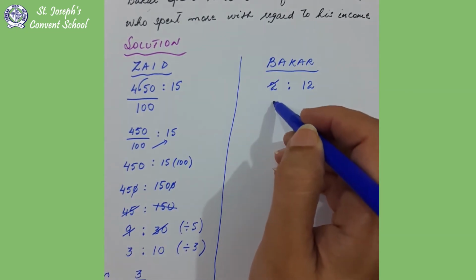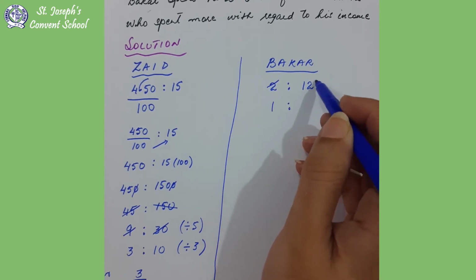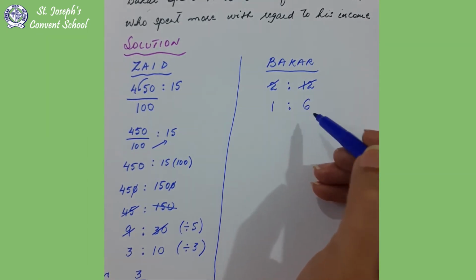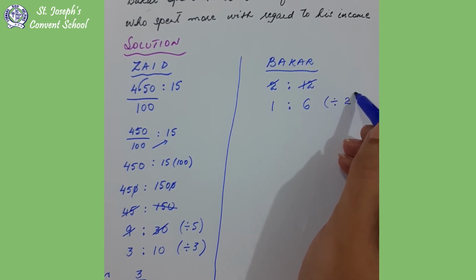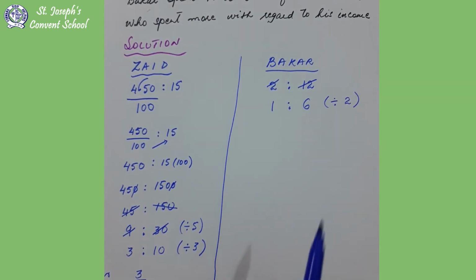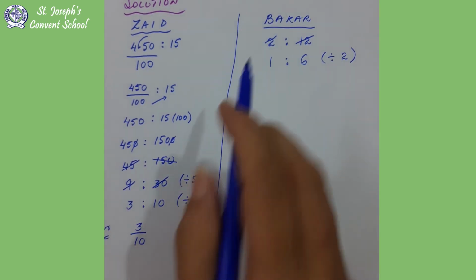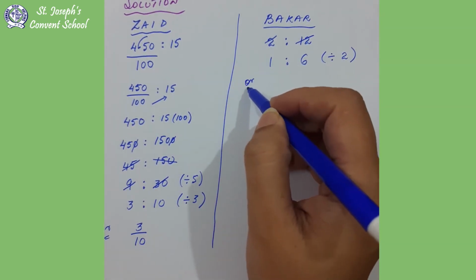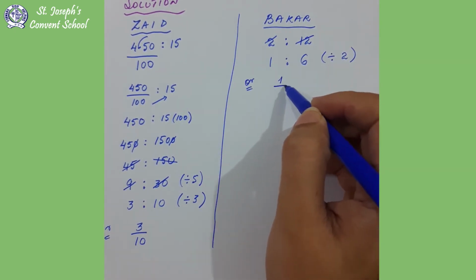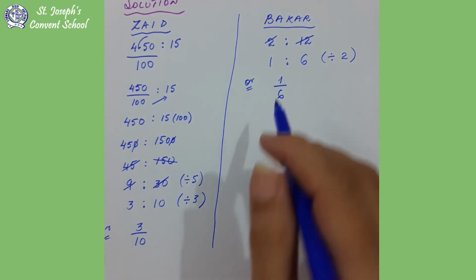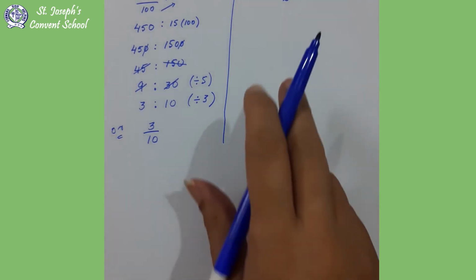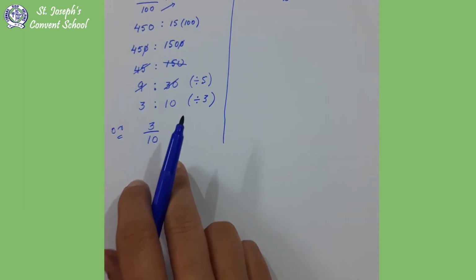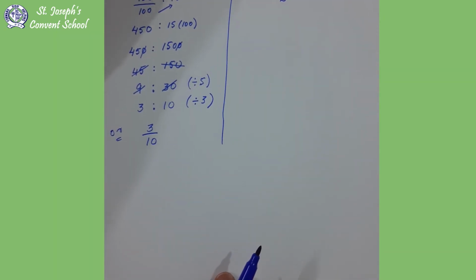Simplify it, 2 ones are 2, 2 sixes are 12. So you cannot divide it further. So we have divided this by 2. Okay, so further you cannot divide it, so you will write 1 upon 6. So now we are going to compare these two answers, 1 upon 6 of Bakar and 3 upon 10 of Z.